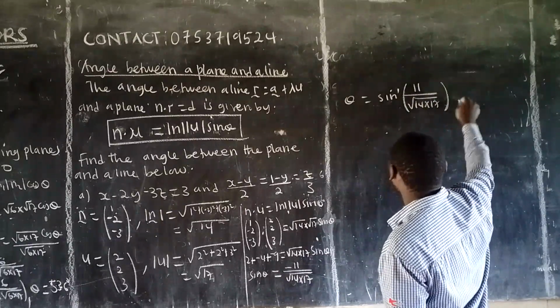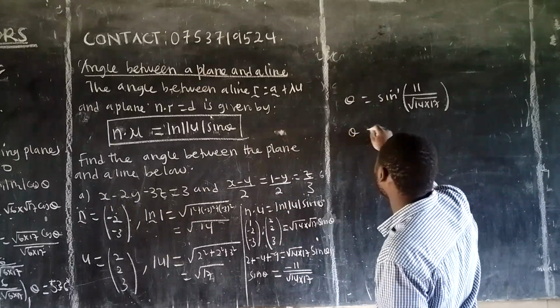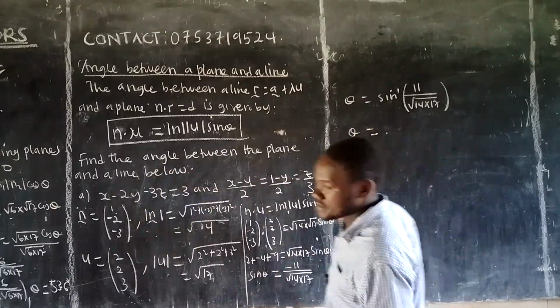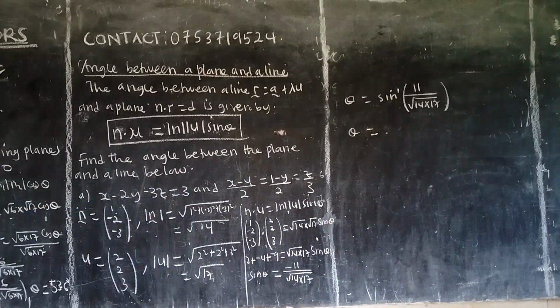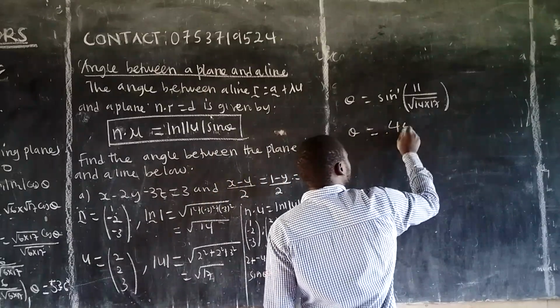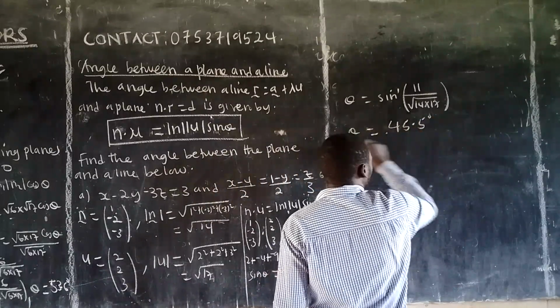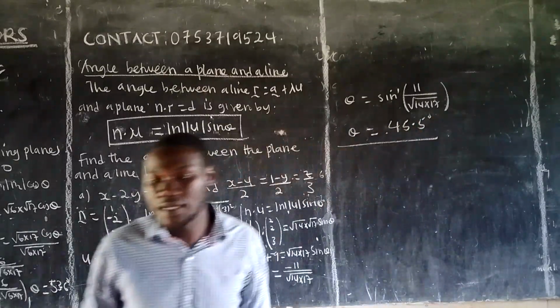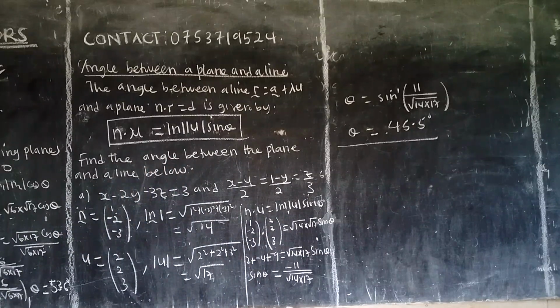The angles here must be acute, so ignore the negative. So theta will be equal to sine inverse of that, which shall have 45.5 degrees. Please make sure your calc is in degrees, not radians. As simple as that. Let us proceed with more work.